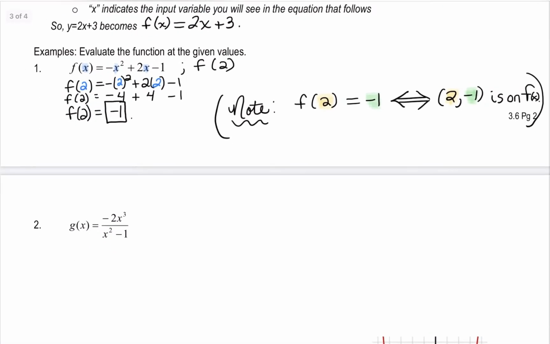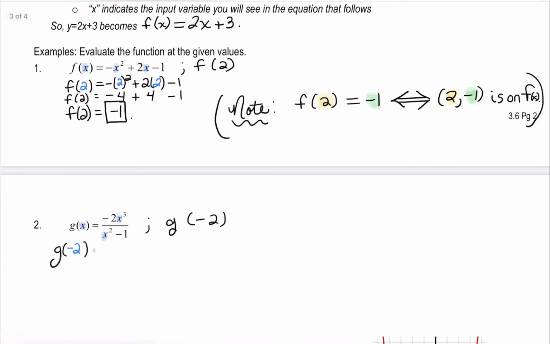All right, let's look at another example here. Let's look at g of x is equal to -2x cubed over x squared minus 1. And this time, let's evaluate g of -2. So for g of -2, we want to think of the x now as being replaced with the -2.